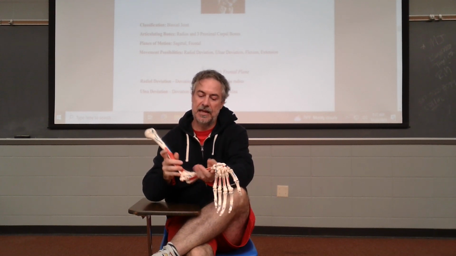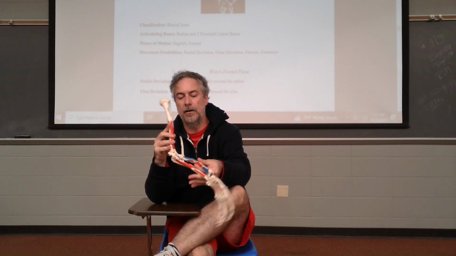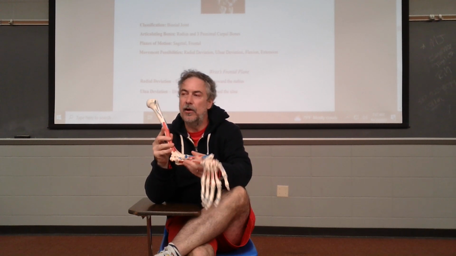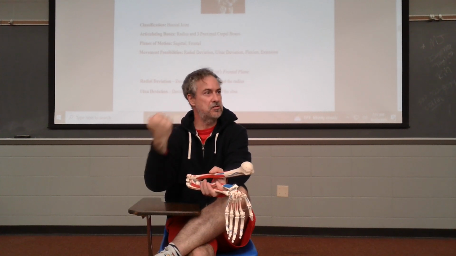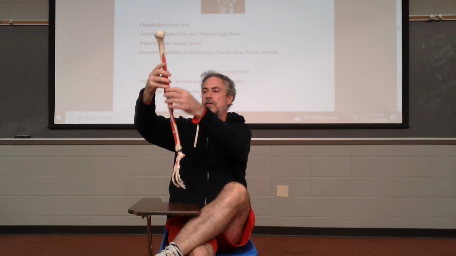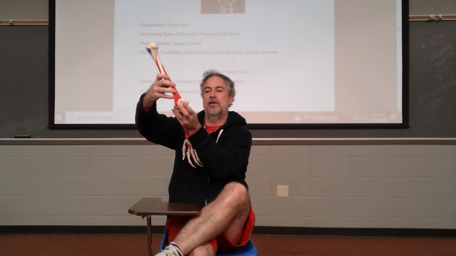Now we have the elbow and the radial ulnar joint. The elbow is our classic hinge, flexion extension, doing the curls, flexion extension. It's articulated with the distal humerus and the ulna.